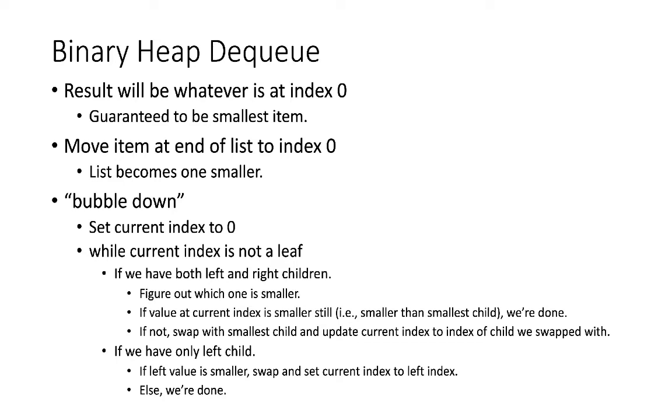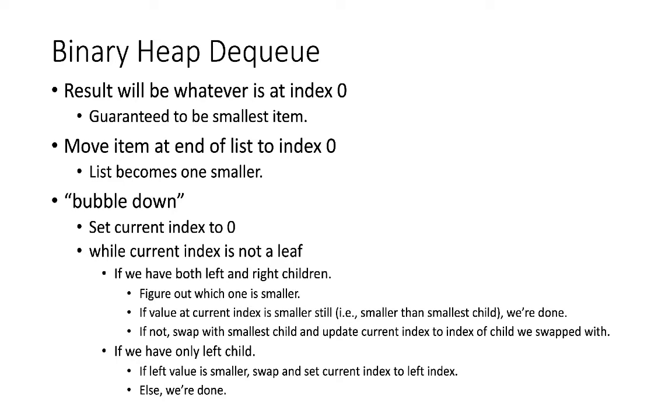And so the smallest item is always at the root. In a binary heap, the root of the heap is always the index 0. So the first item in the list is always the smallest item. It's guaranteed to be the smallest item if we've been maintaining our heap invariant.